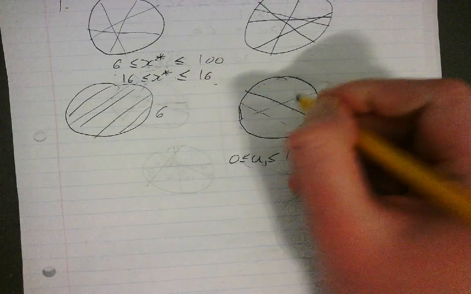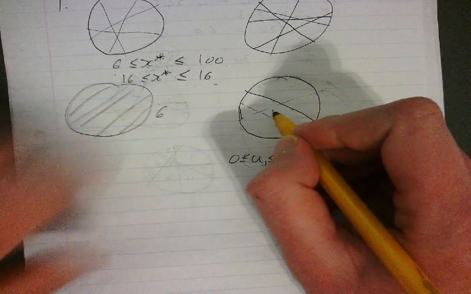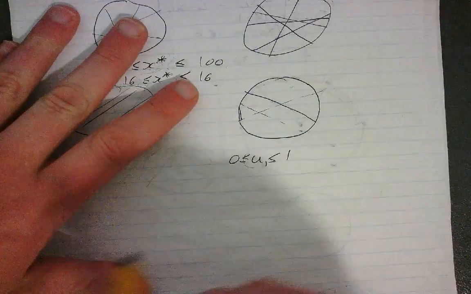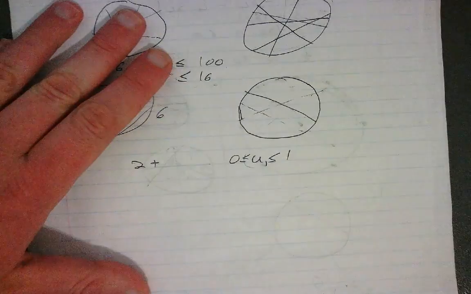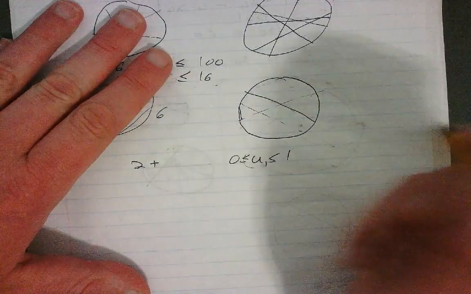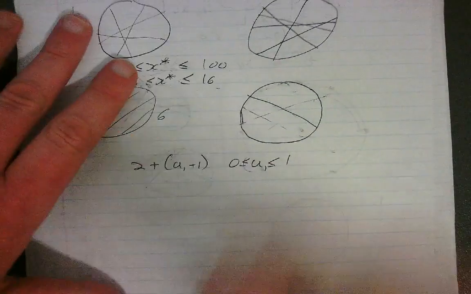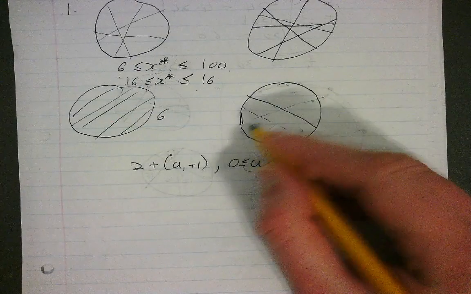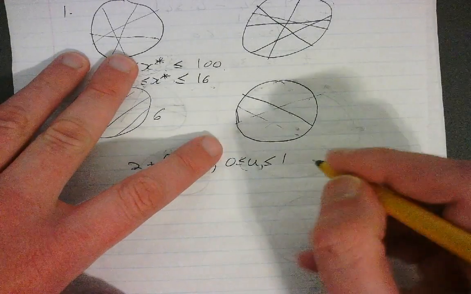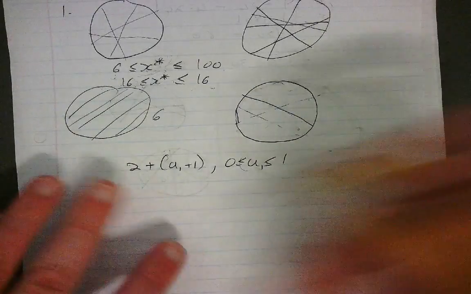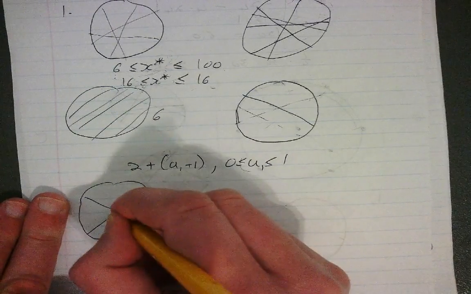And we can easily see that the total number of regions in this image is going to be equal to the original 2 plus U1 plus 1. Okay, a way to reason about that is, let's say U1 is 1.